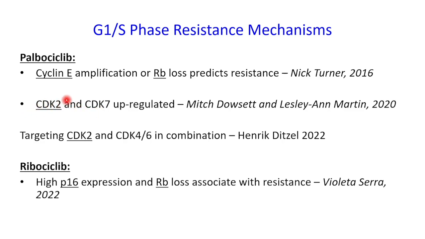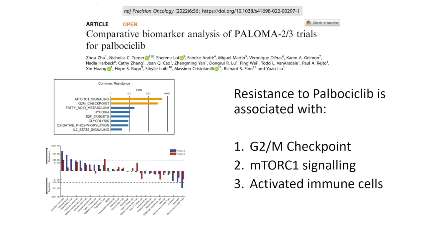It's also been published that upregulation of CDK2, another cyclin-dependent kinase in G1, then again you're getting over the need for CDK4 and 6 that are being targeted by the palbo. And there's some evidence that targeting CDK2 and CDK4/6 in combination can be beneficial.